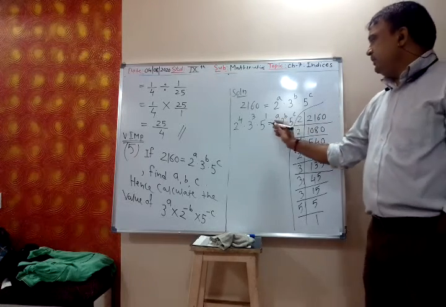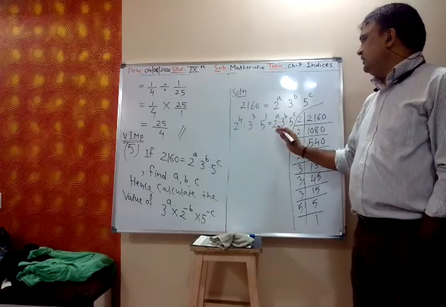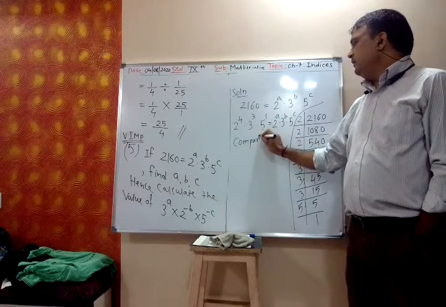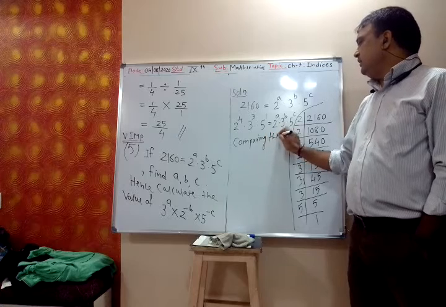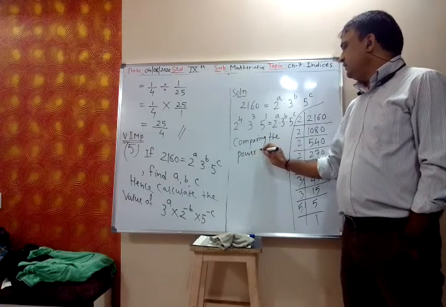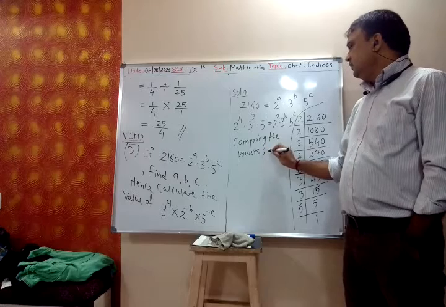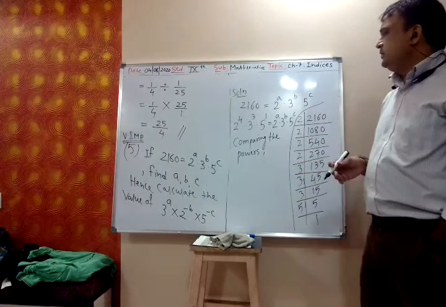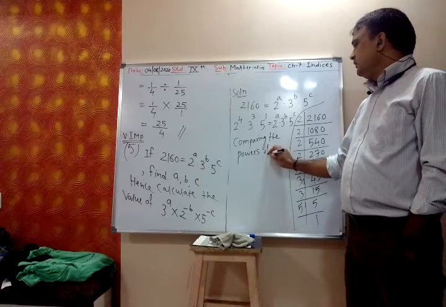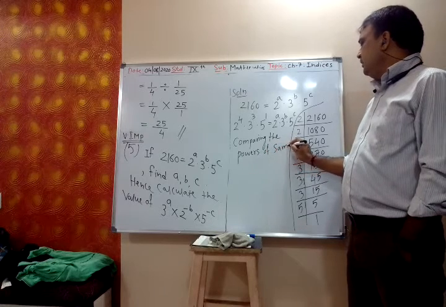Now I will compare the powers. This is my left hand side, this is my right hand side. So, comparing the powers of same base, you have to write. Comparing the powers of same base.